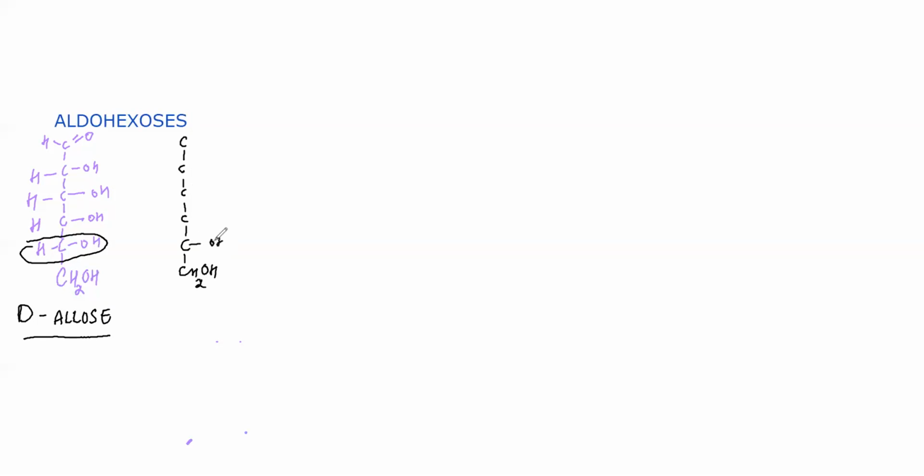I'm drawing D-altrose this time. This is OH here, H here, and so it differs here. I'm drawing another structure in another color. This is H and OH, so this is different from here.